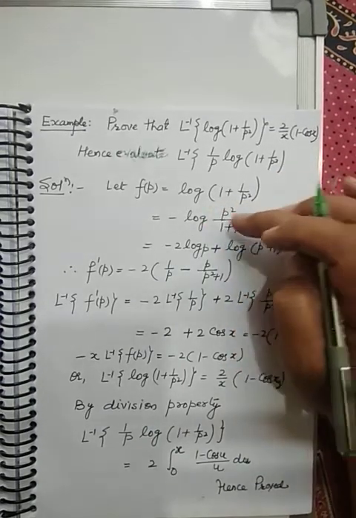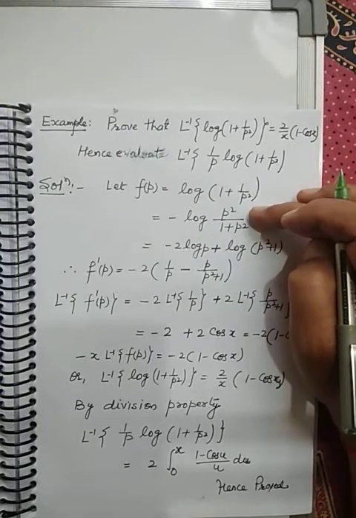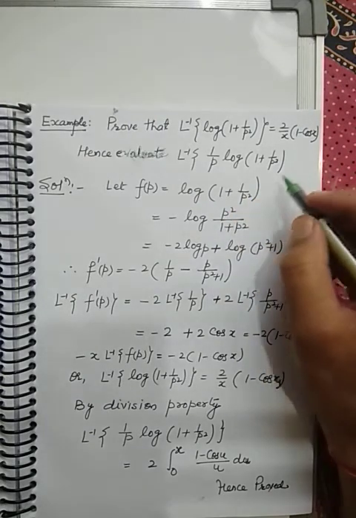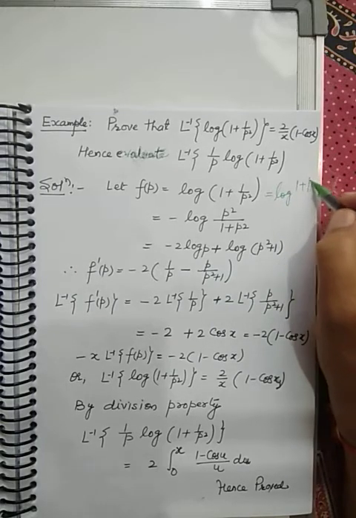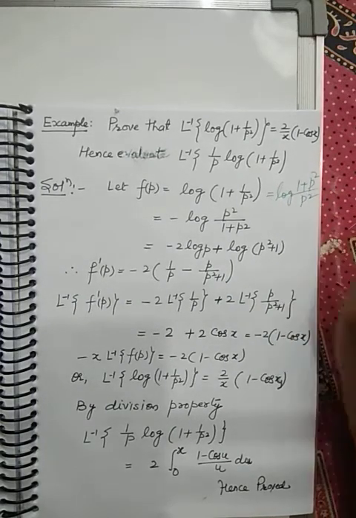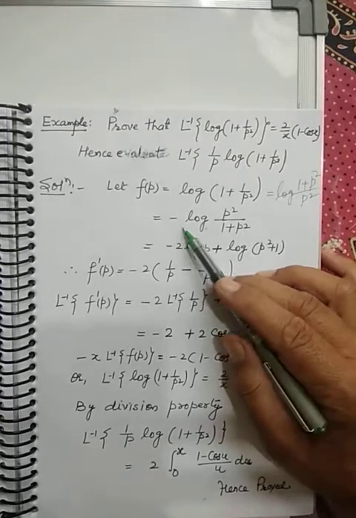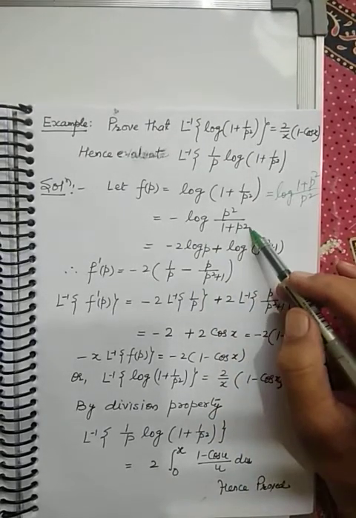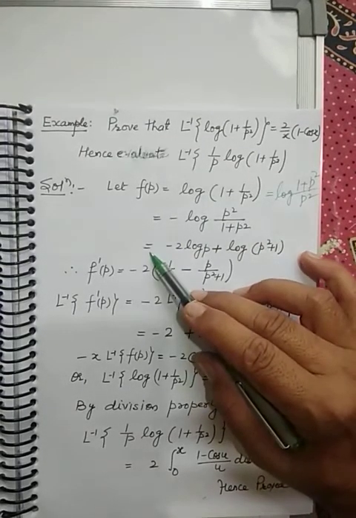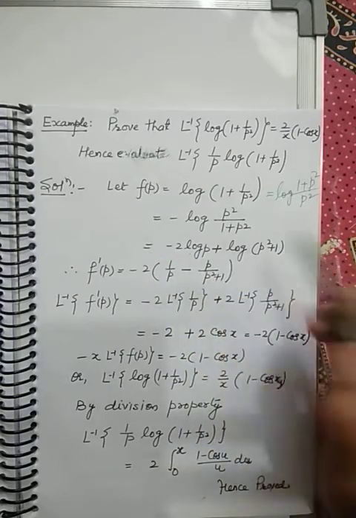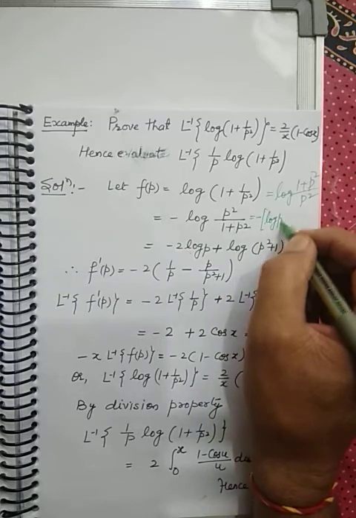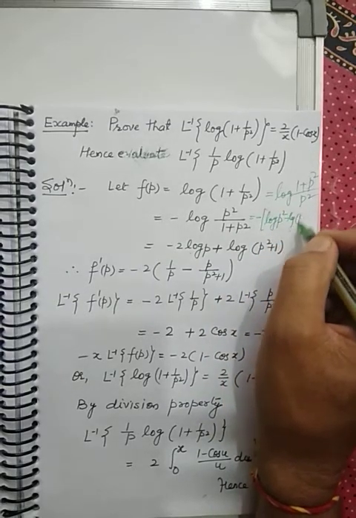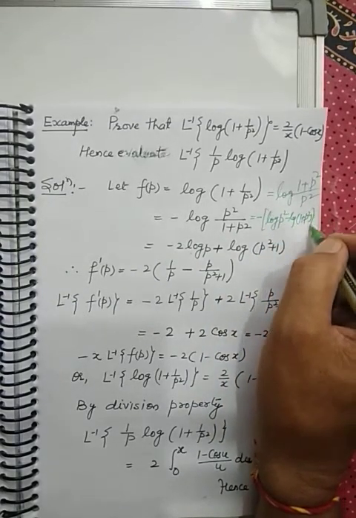Let f(p) is equal to log(1 plus 1 upon p square), or we can write this one as log of (1 plus p square) upon p square, or minus log p square upon (1 plus p square), is equal to log, minus log p square, minus log(1 plus p square).